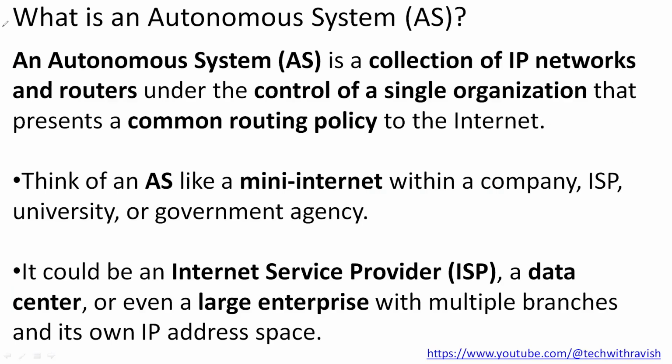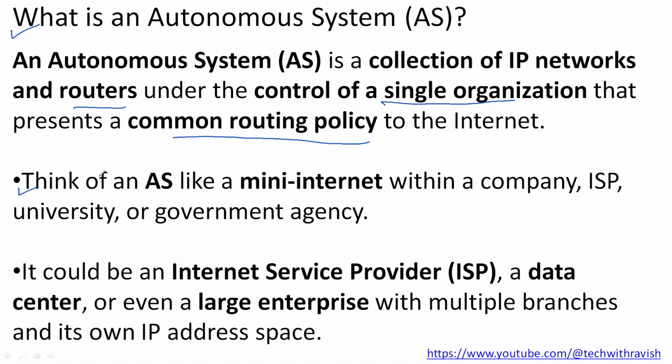Now let's talk about the autonomous system number. As I already told you, it is a collection of IP networks or routers under the control of a single organization, ISP, or enterprise. It is basically the identity of an ISP or an organization for global routing, with a common routing policy to the internet.